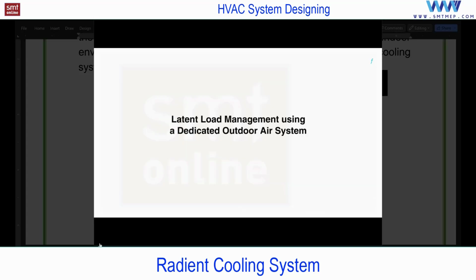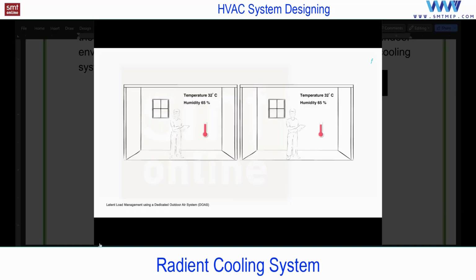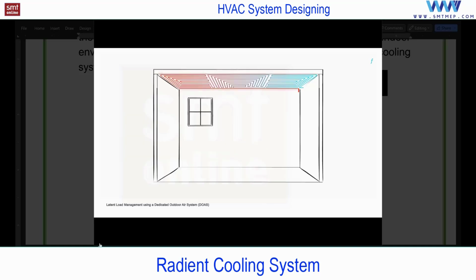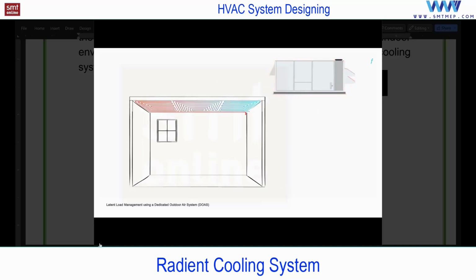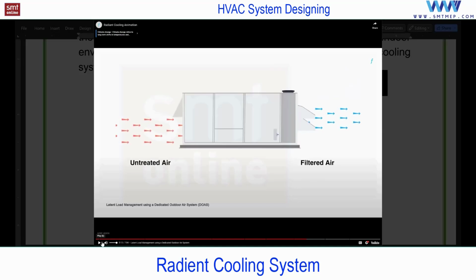Latent heat load management using a dedicated outdoor air system. Comfort is as much about humidity as it is about heat. While radiant panels take care of the heat in the air, a dedicated outdoor air system is essential to handle humidity in the space, as well as the pressure requirement.